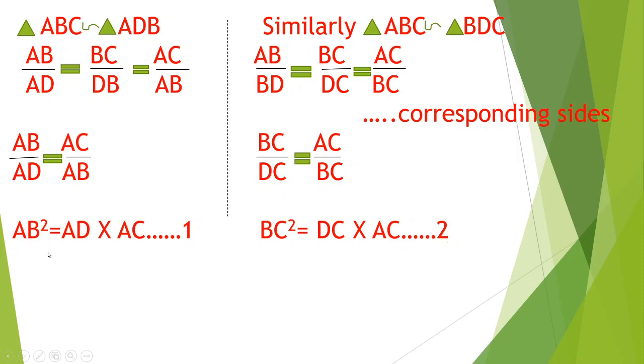In the first, AB square is equal to AD into AC, and in the second, BC square is equal to DC into AC.